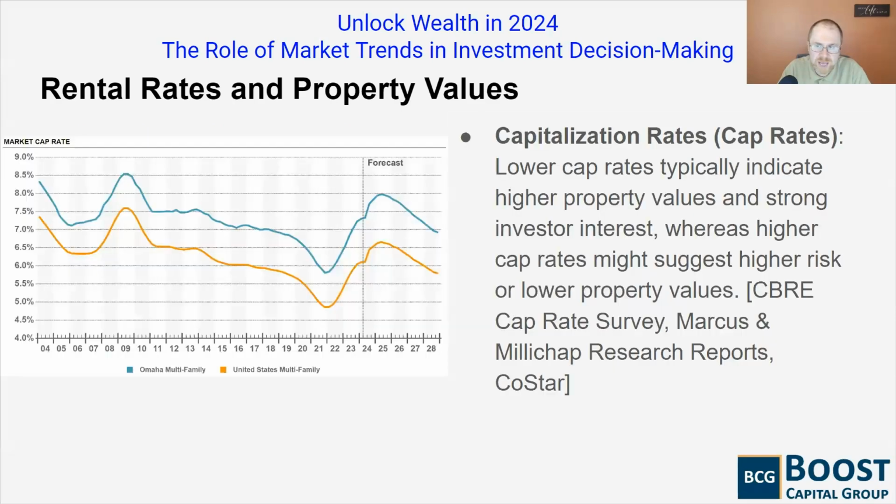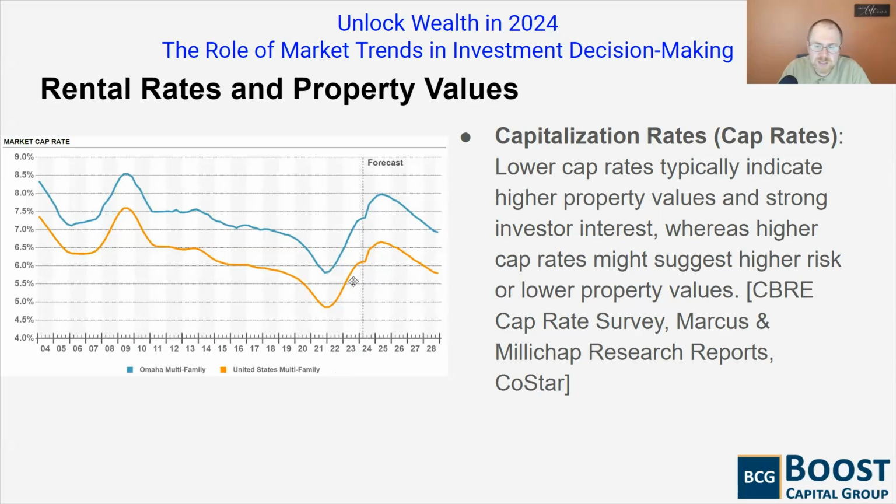Property values, cap rates, something we also discussed quite a bit. Currently, cap rates have been expanding, which is linked to the interest rates being higher. And there is an expectation of interest rates getting lower, either at the end of this year or possibly in 2025.